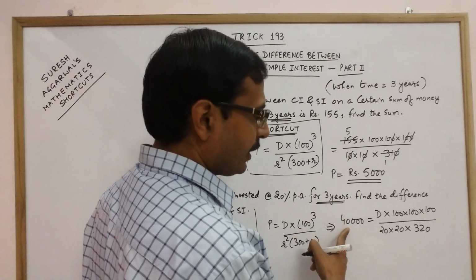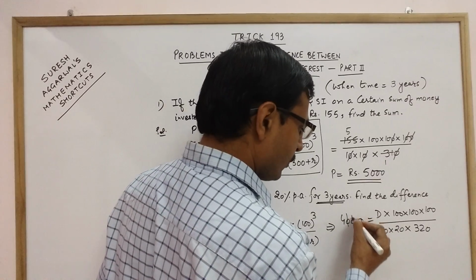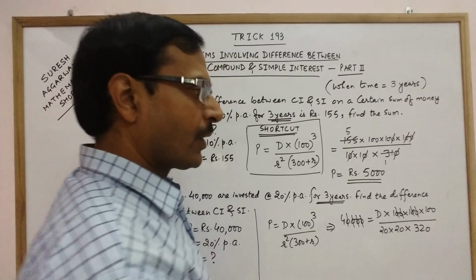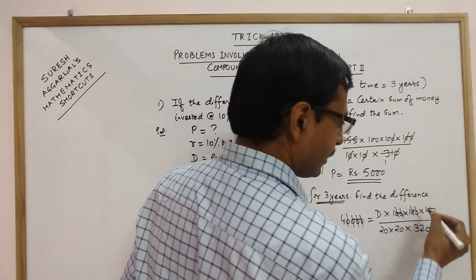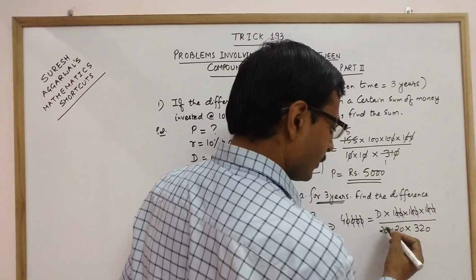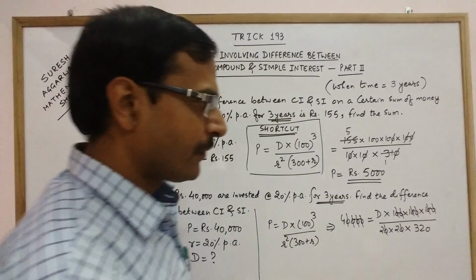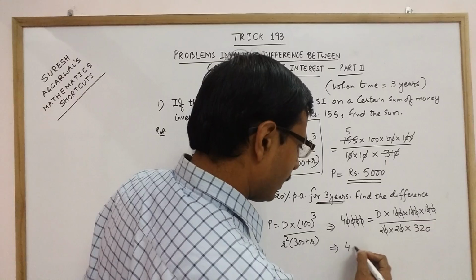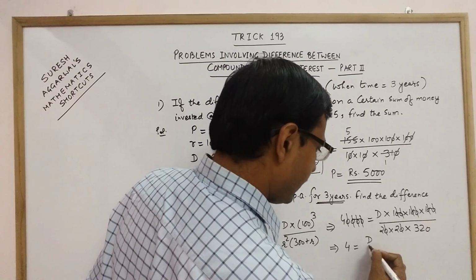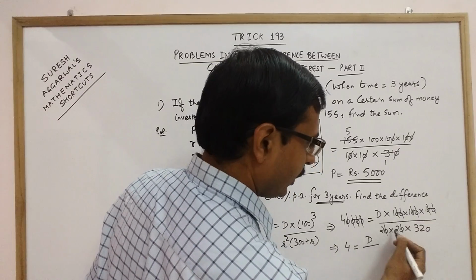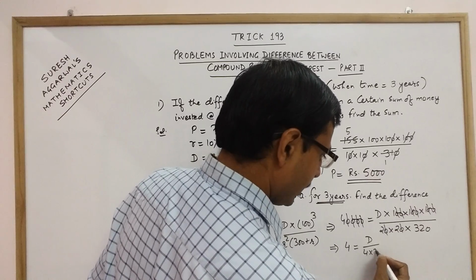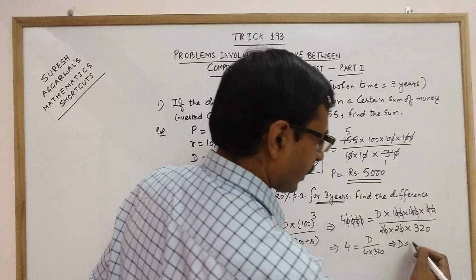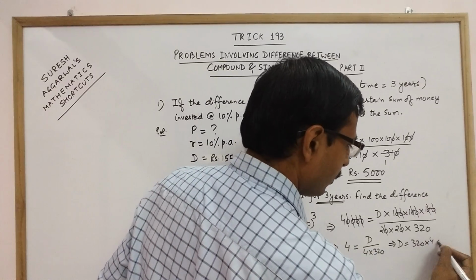Now in the numerator here you have 4 zeros, so you can cancel out 4 zeros with 4 zeros here. Again 2 zeros here, you can cancel these 2 zeros also with these 2 zeros, and now what we are left with is 4 equal to D upon 2 into 2 into 4 into 320. So D will come out to be 320 into 4 into 4.